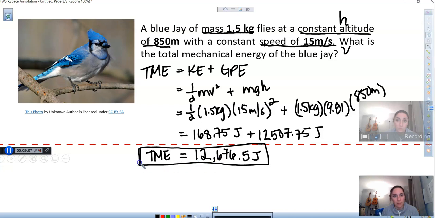So this bird has energy in not only flying, so moving, right, but energy in its height. It has a lot of energy. In other words, if this bird were to just suddenly drop, all of its energy would actually go into its motion, so it would speed up. That's how conservation works, but more on that later. But the point is, we can calculate total mechanical energy just by adding the sums of the energies together.